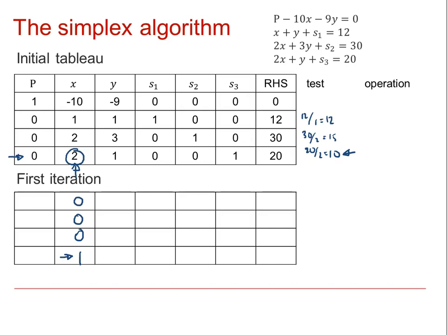If I say that this is row 1, row 2, row 3 and row 4, and I'm going to get row 5, row 6, row 7 and row 8 in my table, then row 8 is going to be equal to row 4 divided by 2. So it becomes 0, 1, 0.5. You might want to use fractions, sometimes easier, but 0, 0, 0.5 and 10.